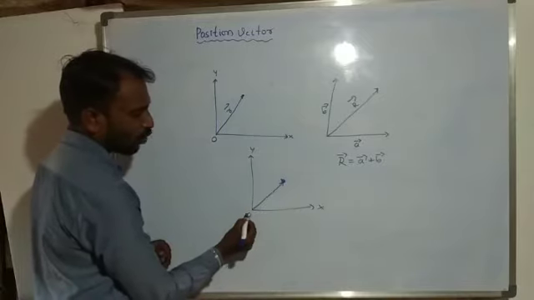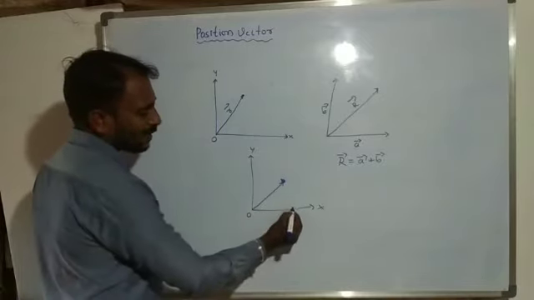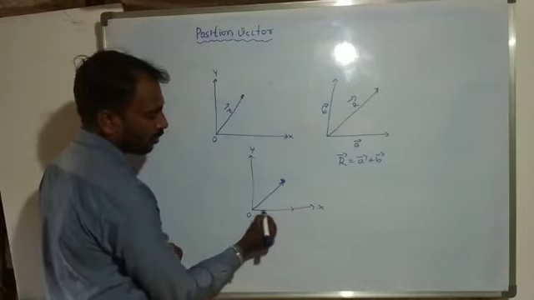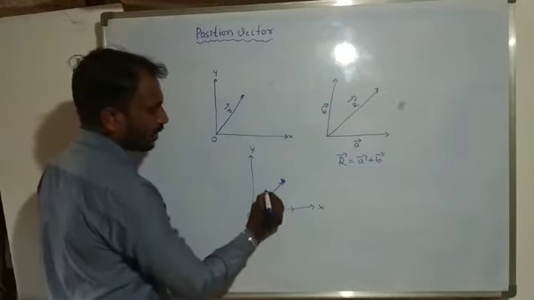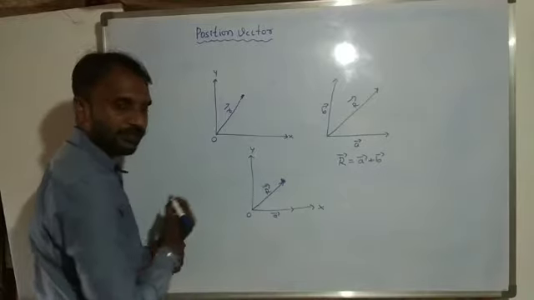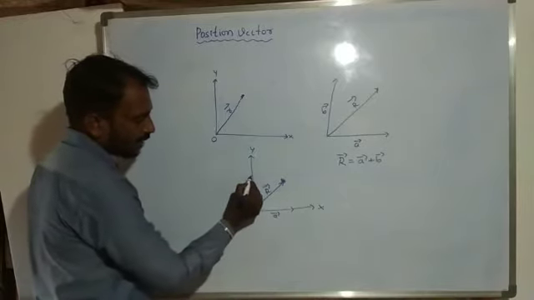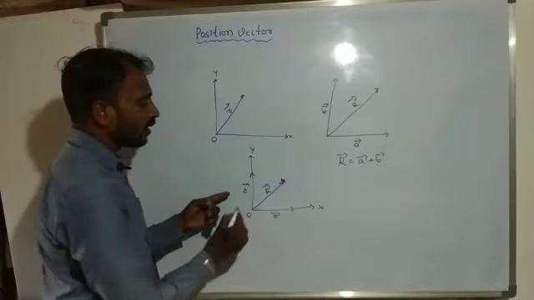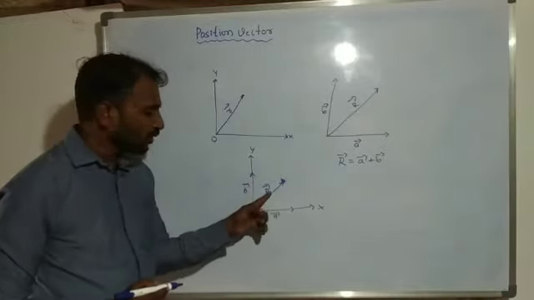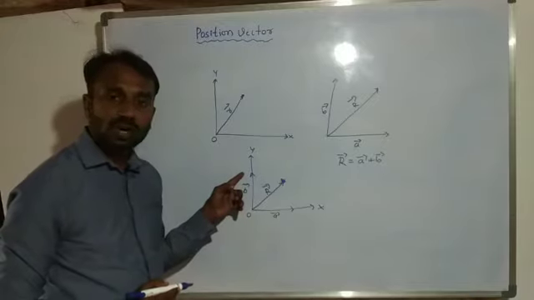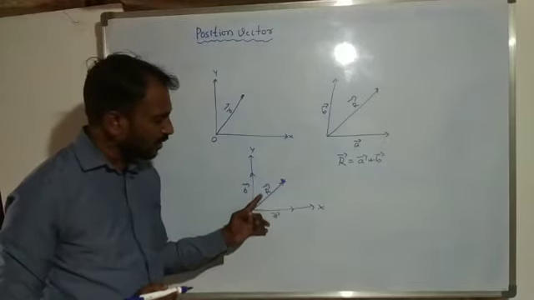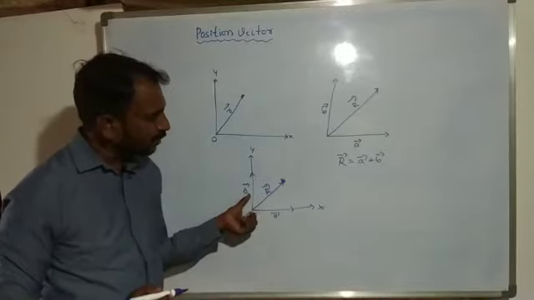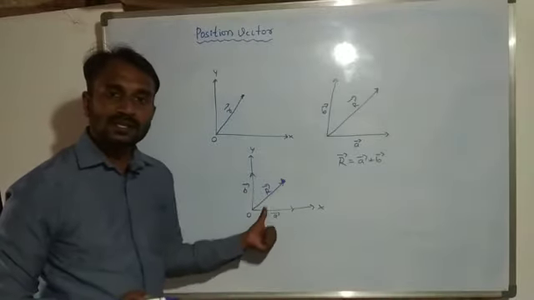It starts from the origin. Along the x-axis we consider a component of the resultant vector, and along the y-axis we consider another component. By using these two vectors, we easily find the resultant vector.